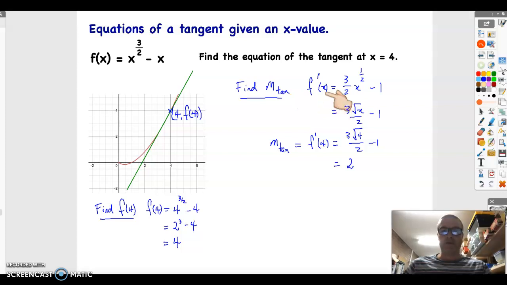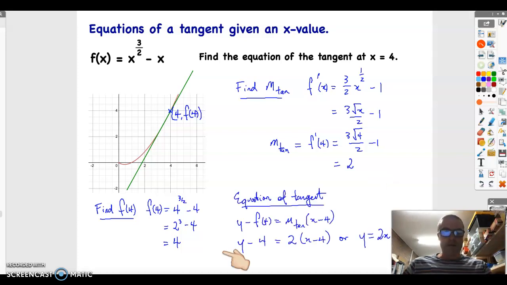I've found the derivative, f prime of x, and I have substituted x equals 4 into that derivative, evaluated that expression, and found out that the gradient of the tangent is equal to 2. And our sketch helps confirm that. We can see that the gradient is positive and steep.